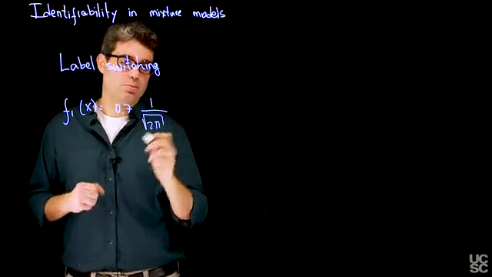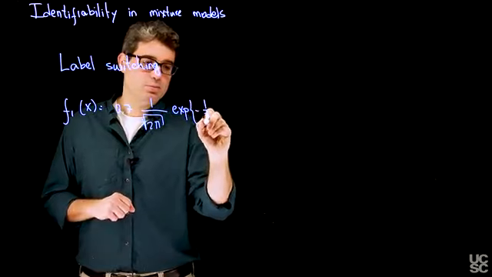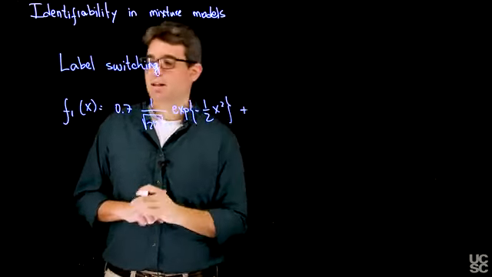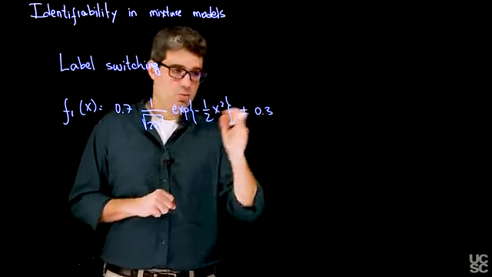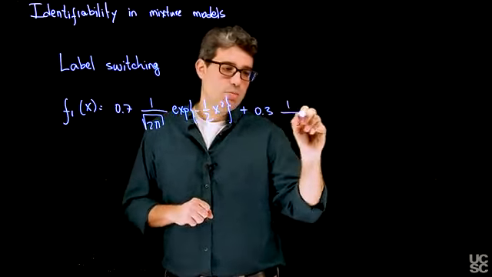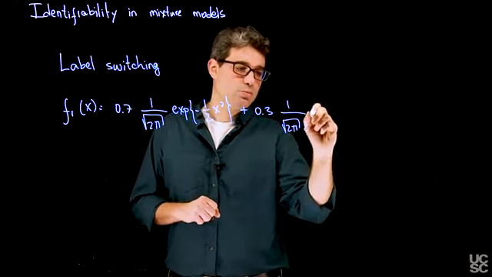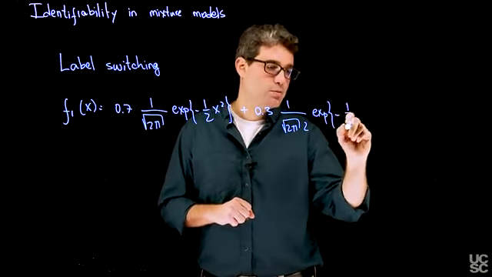It's a normal with variance 1 and mean 0. So this is the density. And the second component has mass or weight 0.3, maybe a standard deviation of 2, and a mean of 1.